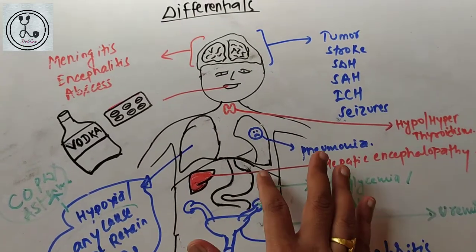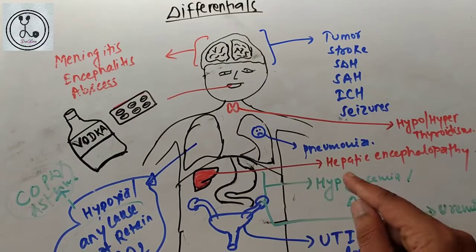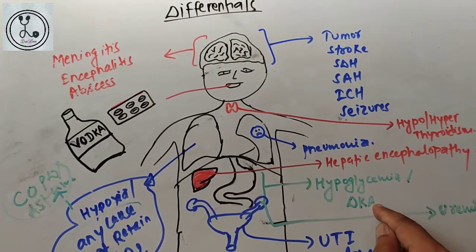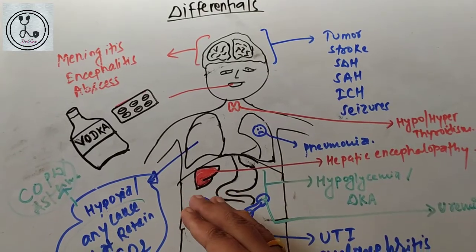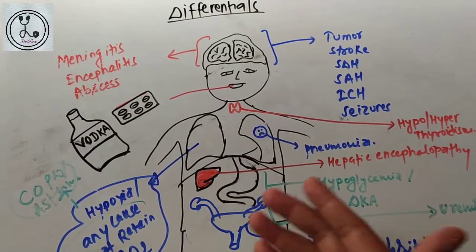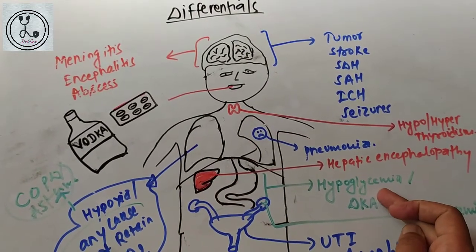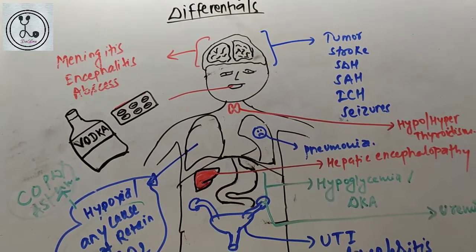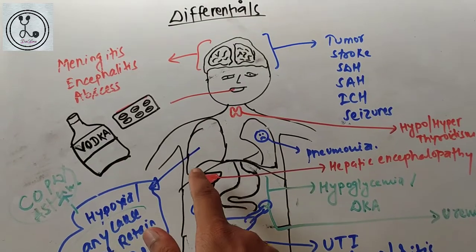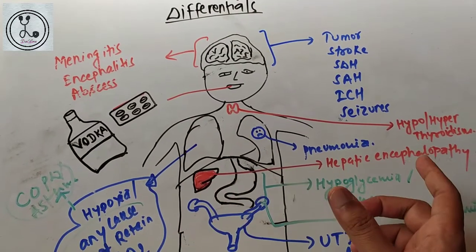And the causes related to the GI system are hypoglycemia or diabetic ketoacidosis. Diabetic ketoacidosis in diabetes mellitus patients, basically in both type 1 and type 2, or hypoglycemia, can also lead to altered mental status. And there are some causes related to the liver, that is hepatic encephalopathy.